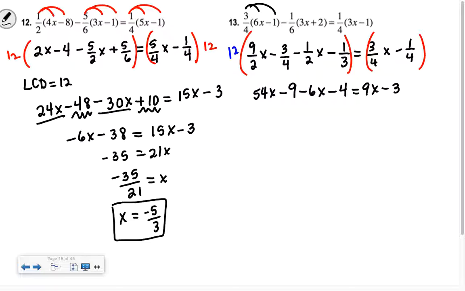So I get 54 minus 6, 48. Negative 9 minus 4, negative 13.